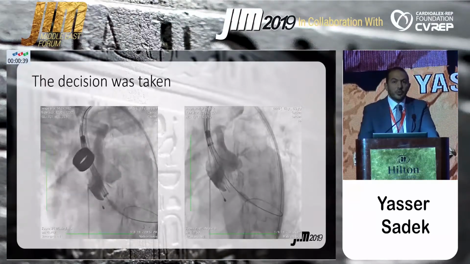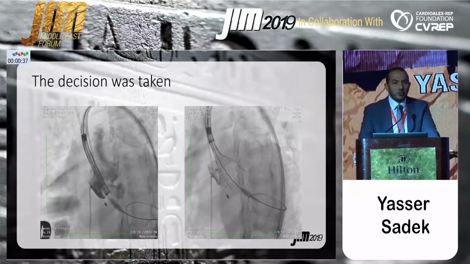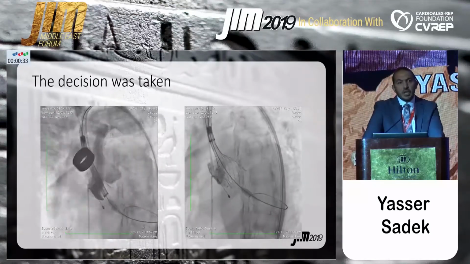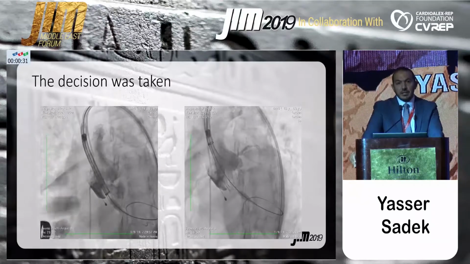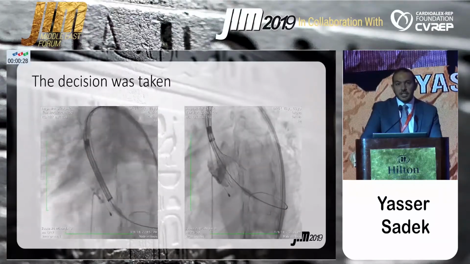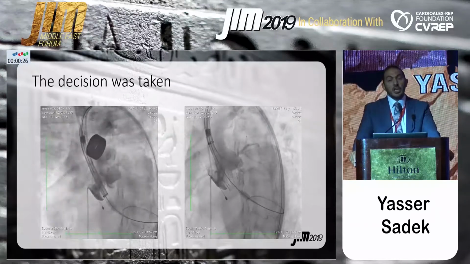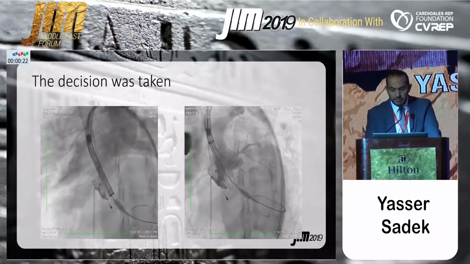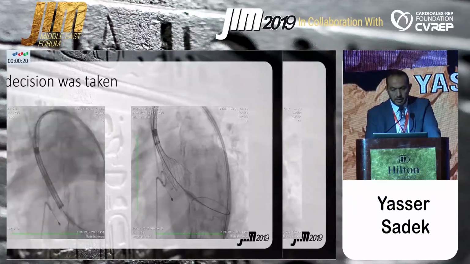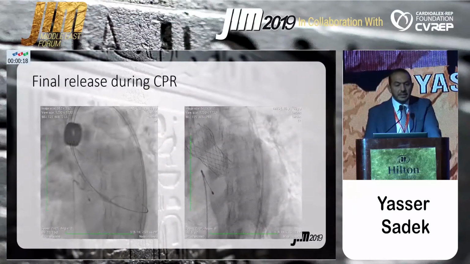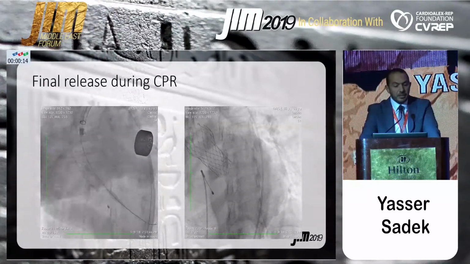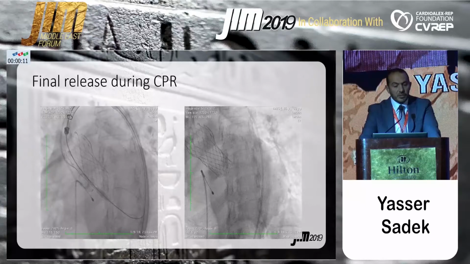Every fine touch of the LV by anything, by balloon, by wire, by everything, the patient would arrest for 7 minutes and then come back. You can imagine the duration of the procedure was about 4 or 5 hours. I was obliged to open the valve during the CPR. And this is the final release, as you can see here.